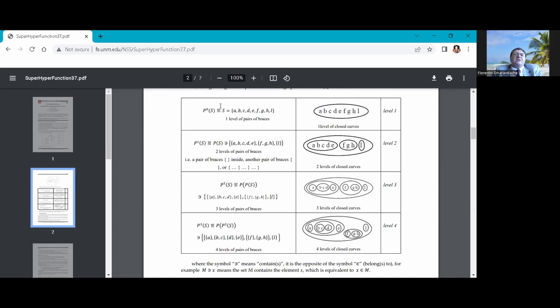So you see the set is formed by 9 elements.